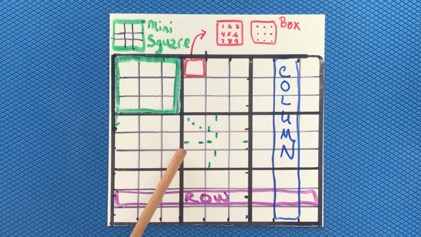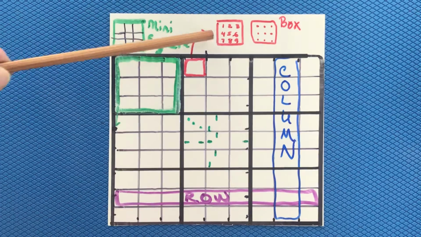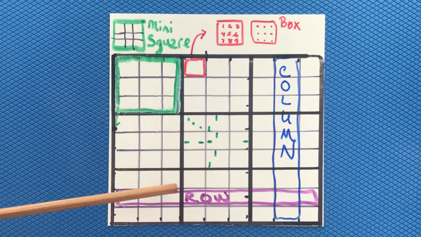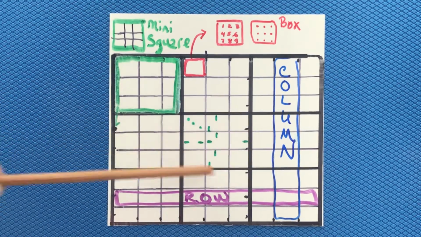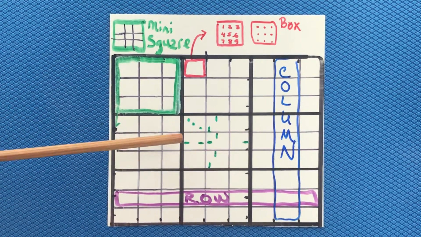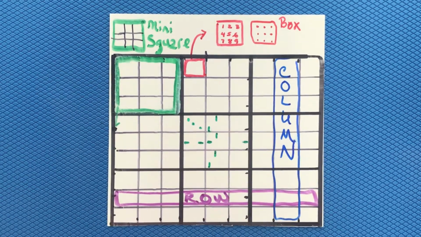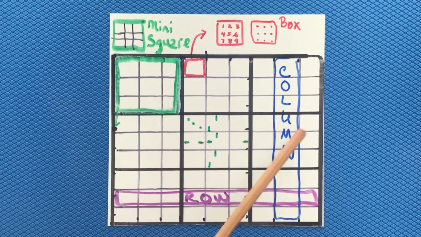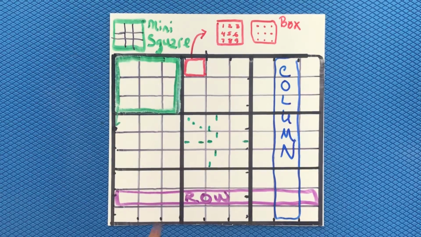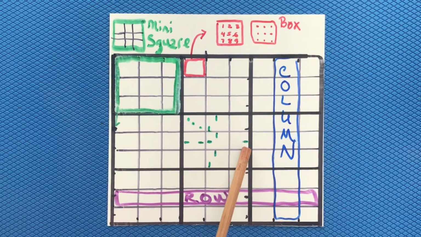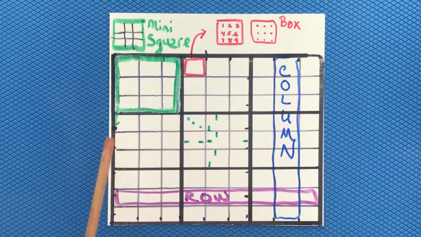That tells me that the number 4 can be here or here. It can only be in this mini square. So I don't have 4s in either of the other mini squares on that row. Same thing with the 6. A 6 could fit here or here, but nowhere else on the row.